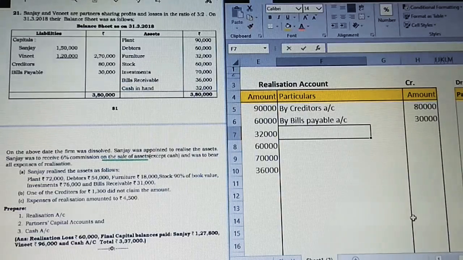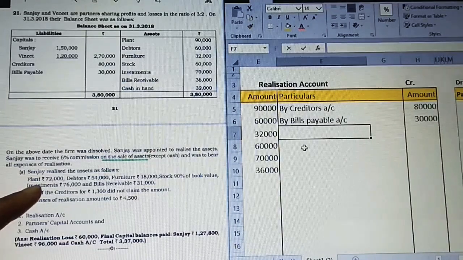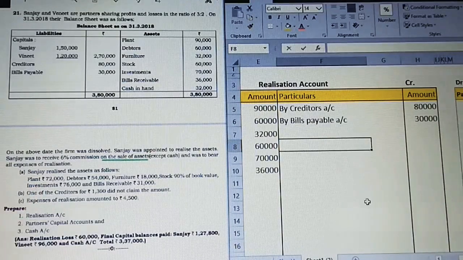Now let us concentrate on the first adjustment here. Sanjay realized assets as follows. So the assets are being realized by Sanjay. Even though realized by the partner, they have not been taken over by him; he has sold them out. So we are receiving the cash, so by cash or bank account.